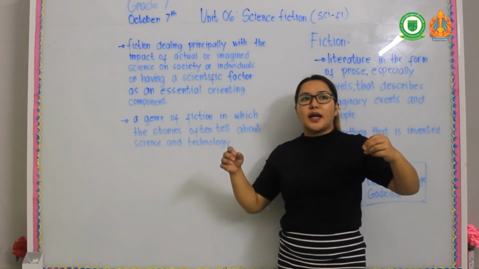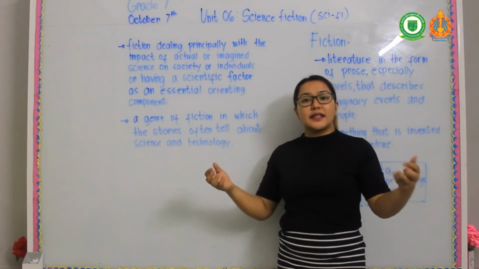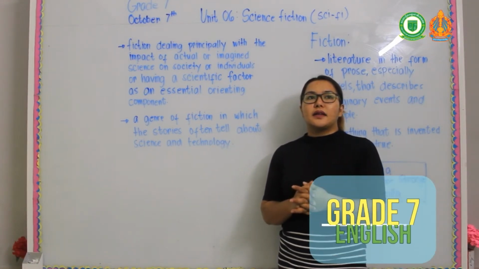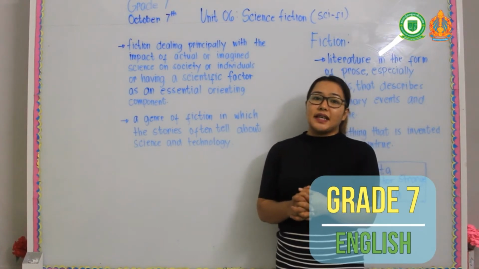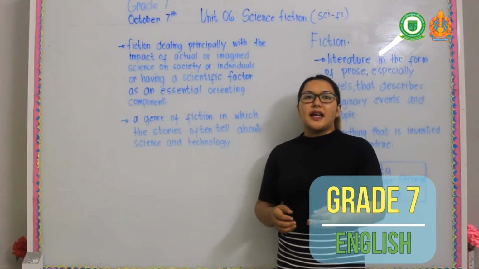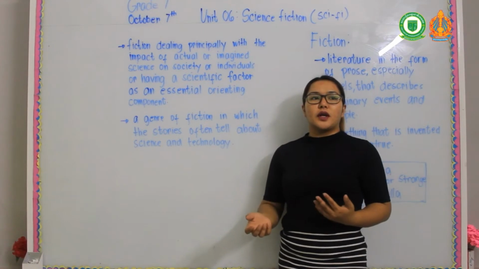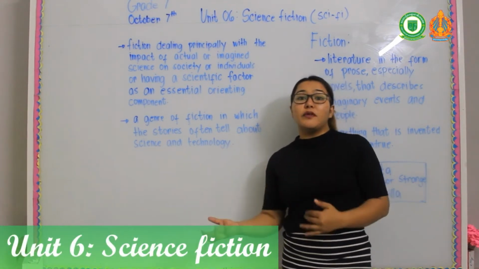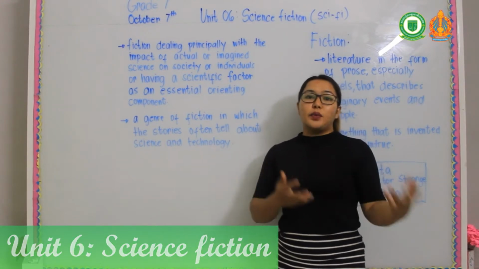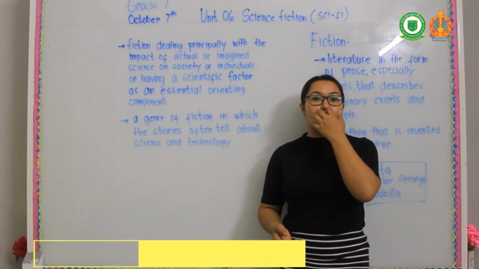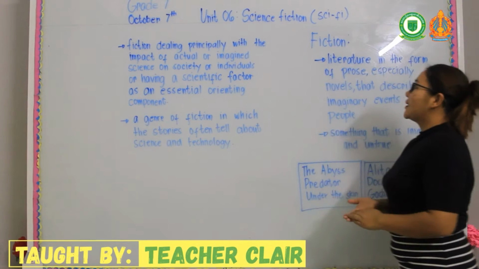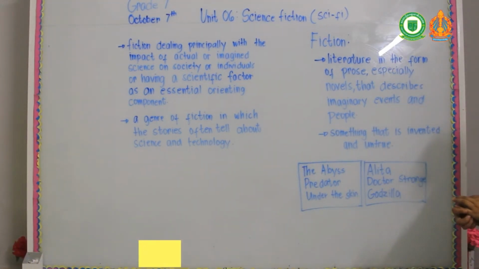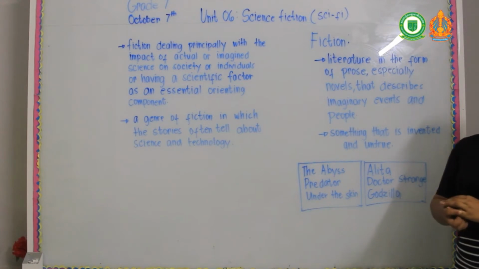They are just trying to perceive things that may happen. And sometimes they are just being creative and curious. Like, what if in the future this will happen? And they put it into a story, they make movies, they write books, and many more. Right? Okay, so fiction.